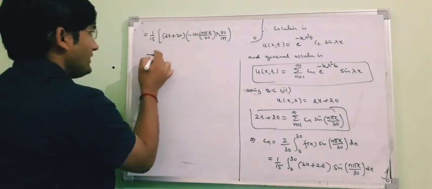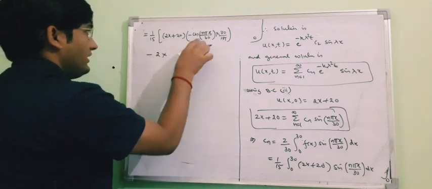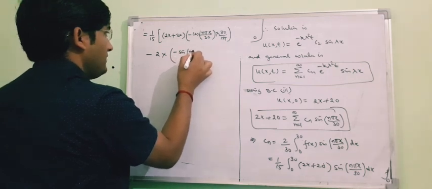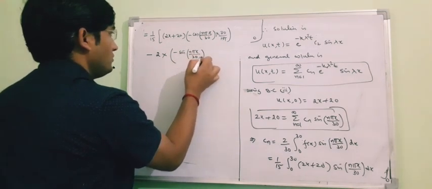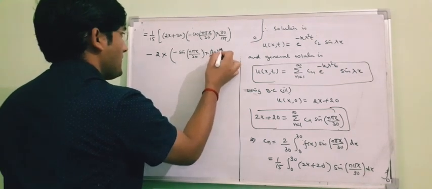Then we will have a minus sign, and the differentiation of 2x will be 2, and again the integration of the bracket will be sin(n pi x upon 30) into 30 square upon n square pi square, and the limits from 0 to 30.